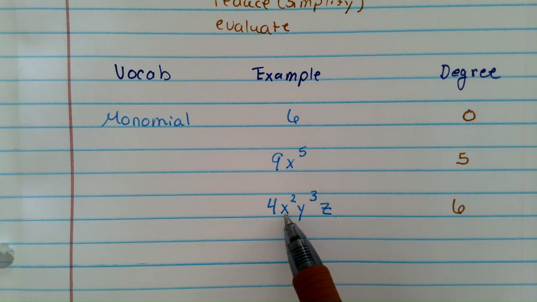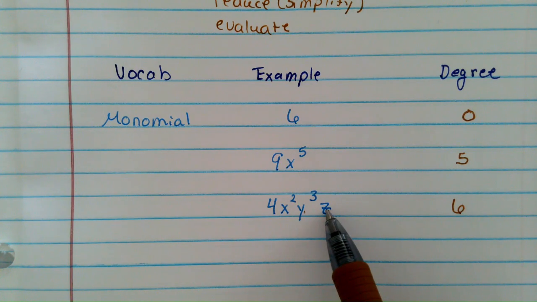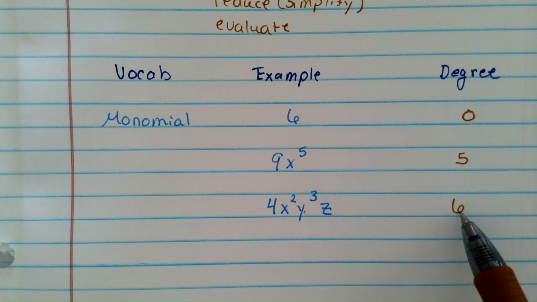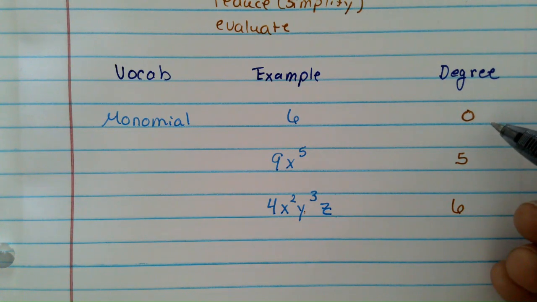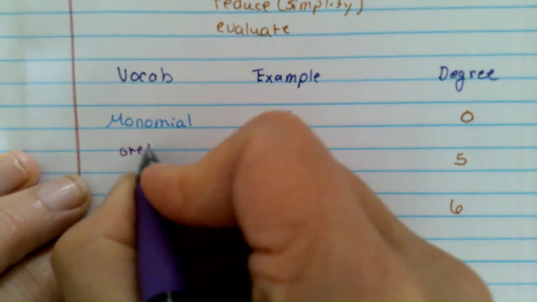In the next one, we have x, x, y, y, y, z. So in order to write out all the letters, it would require 6 characters. So that's why this has a degree of 0, this has a degree of 5, and this has a degree of 6. And those are monomials, okay? Mono meaning 1, or one term.